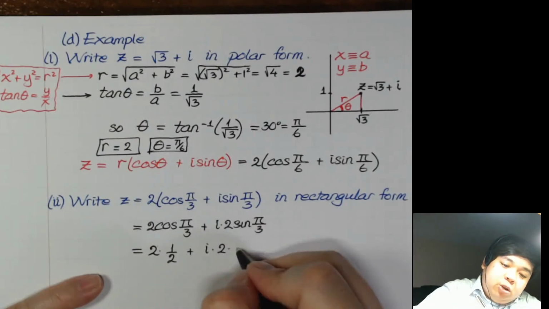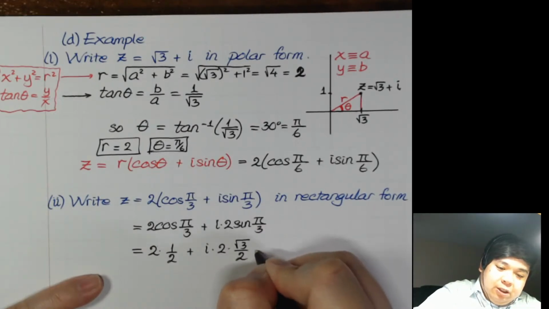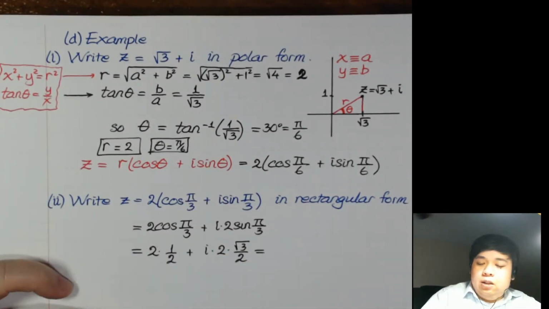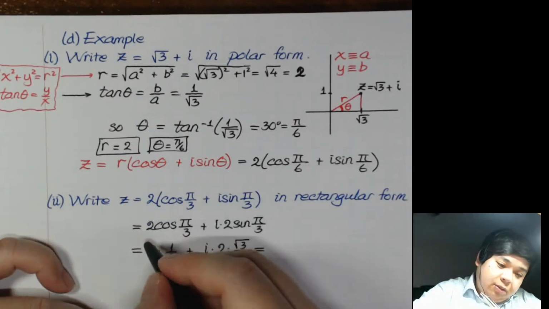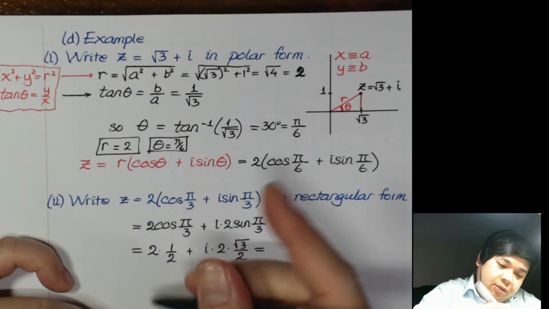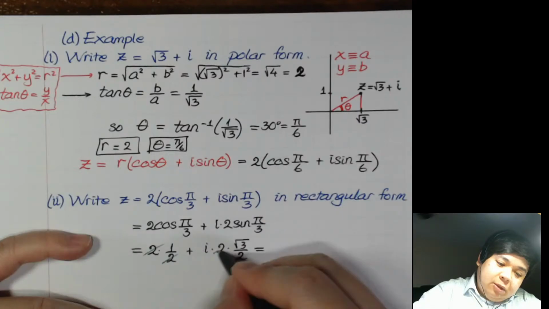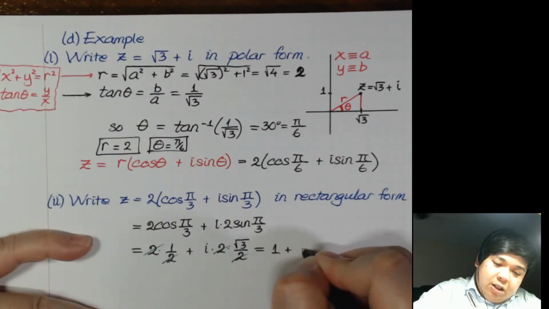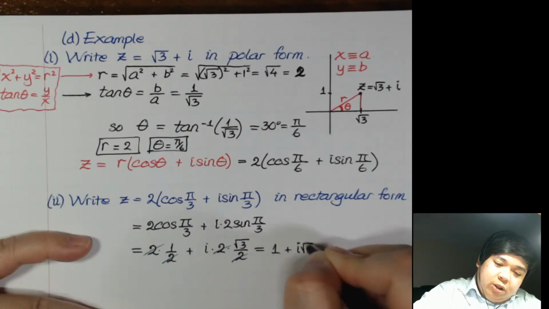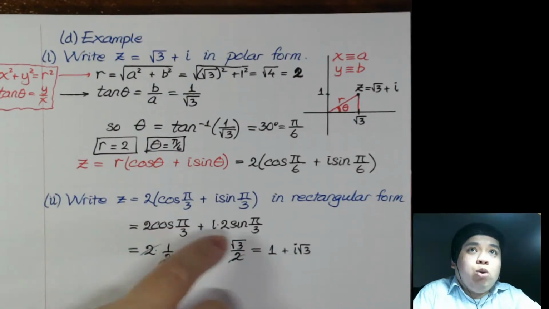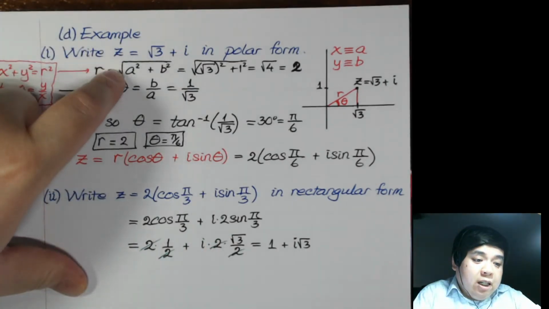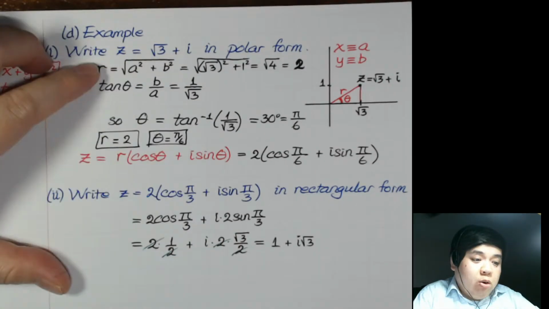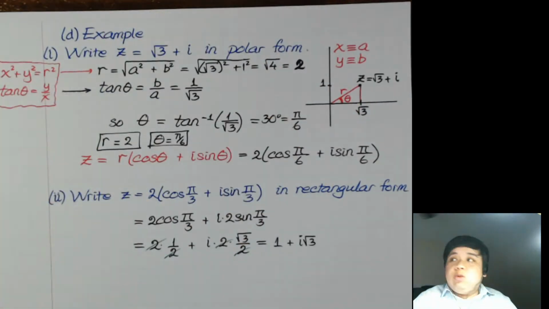Sine of pi over 3 is square root of 3 over 2. And that cancels out. We have 1 plus square root of 3 i, or i square root of 3, either way. So from polar to rectangular is easy. We just multiply them out. From rectangular to polar, we're just going to find the r and theta, and then we just write the right form.